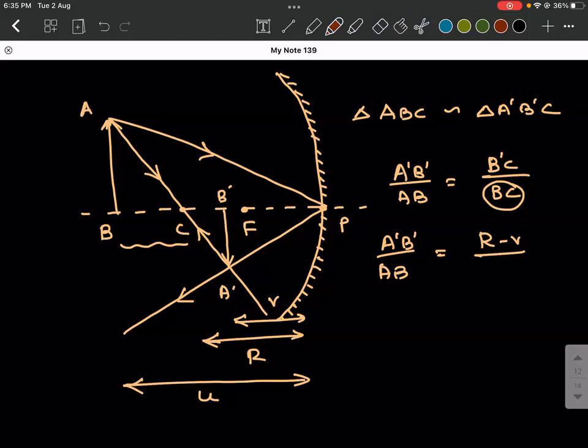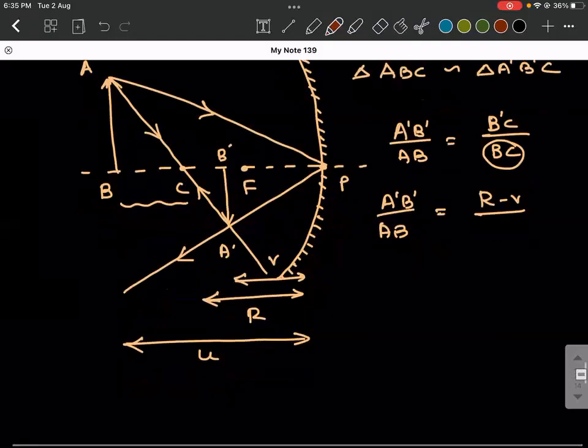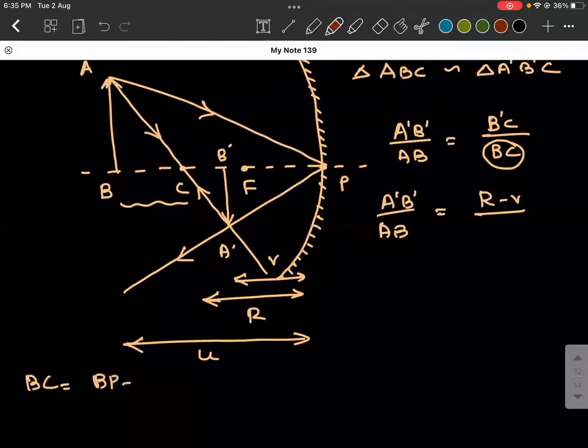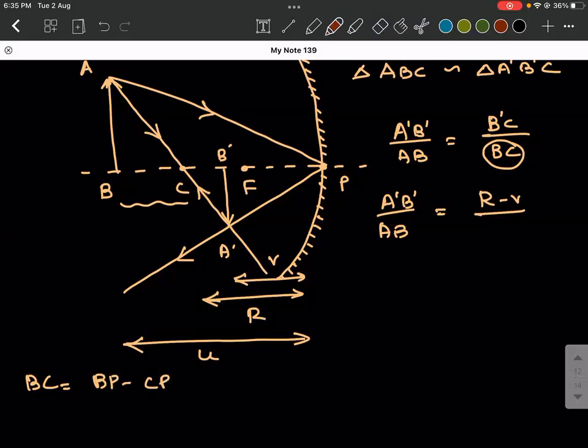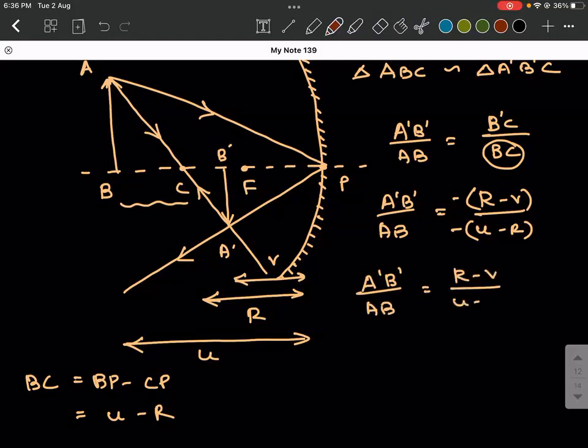What is BP? So it is U minus R, but I need to put a minus sign here, though they are getting cancelled. Then A dash B dash divided by AB will be equal to R minus V divided by U minus R, and I'll call this equation number 2.